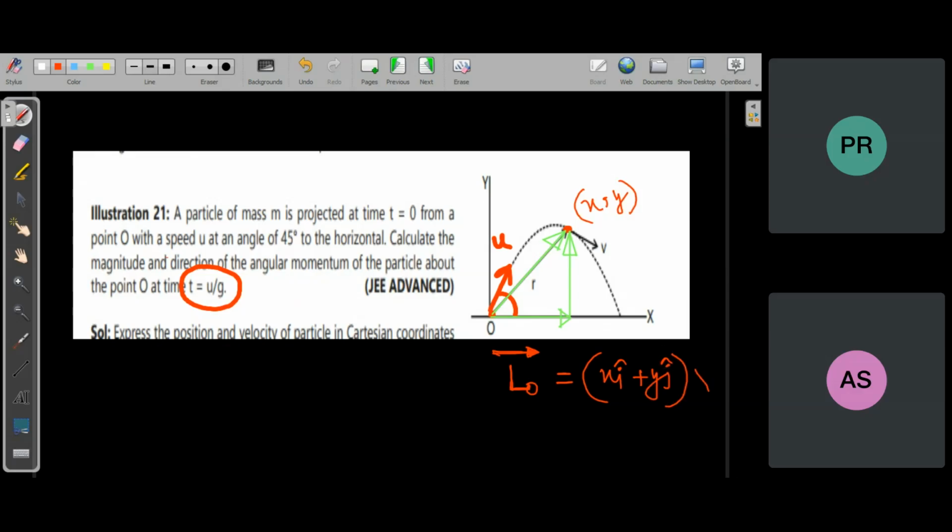Substitute, and then take its cross product with the p vector. Now what is the p vector here? For that you will have to find theta also. To write it in vector form, you will have to find this theta angle also, right? This angle you can find as tan theta is equal to Vy by Vx, right?